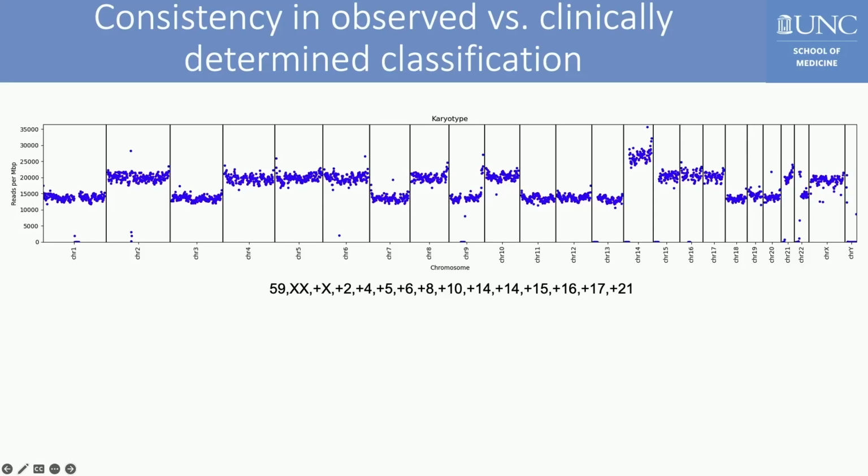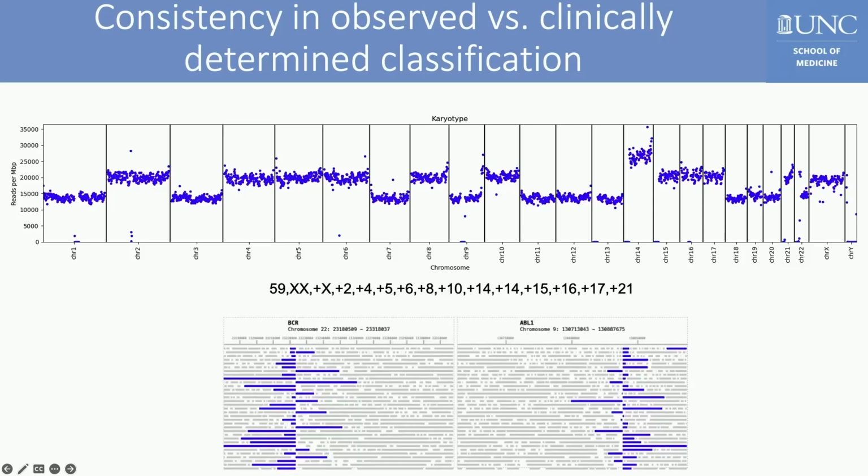So I mentioned that we can look at these changes at both the chromosome level as well as the gene level. If we dive a little bit deeper, we want to know if there are changes at the gene level. What I'm showing you here are reads that map to both the BCR and ABL1 genes. We see these here in blue.